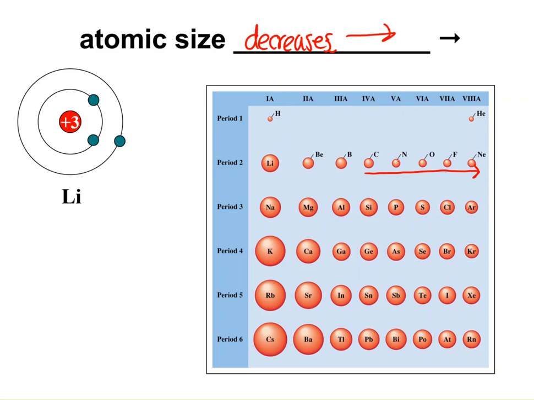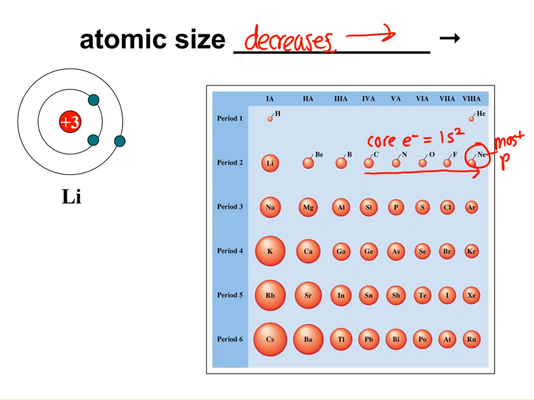And again, it's because for all of these, they have their core electrons in the first energy level, s orbital. They all have those as their core electrons. And so their shielding is the same, but their positive charge on the inside goes up as you move to the right. And so they get smaller as you move to the right.